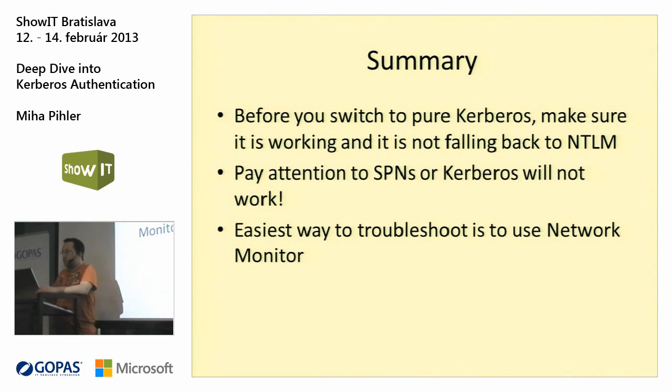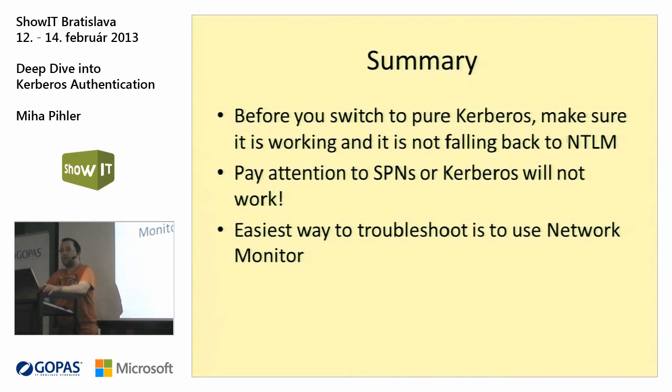Okay, so before you switch to pure Kerberos, make sure it's working and it's not falling back to NTLM. You can use some auditing tools that are included in Windows to see when you're using NTLM and when you're using Kerberos, and what you can do to change that so it doesn't fall back.